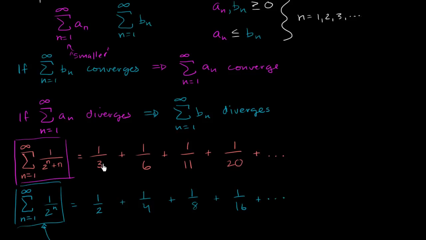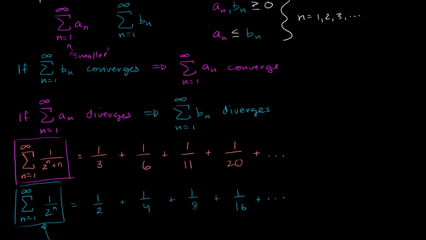And for the corresponding terms, 1/2 is greater than 1/3. 1/4 is greater than 1/6. 1/8 is greater than 1/11. 1 over 2 to the n is always going to be greater than 1 over 2 to the n plus n for the n's that we care about here.